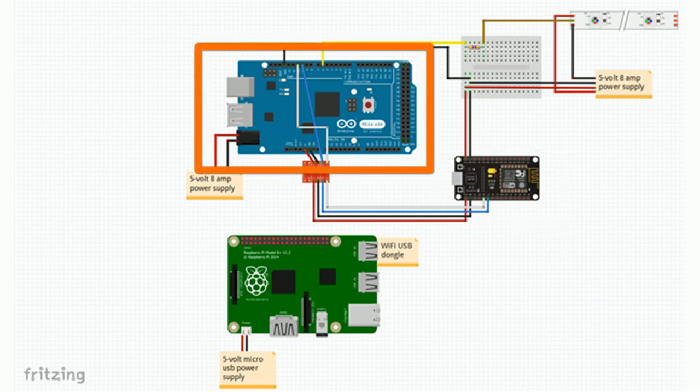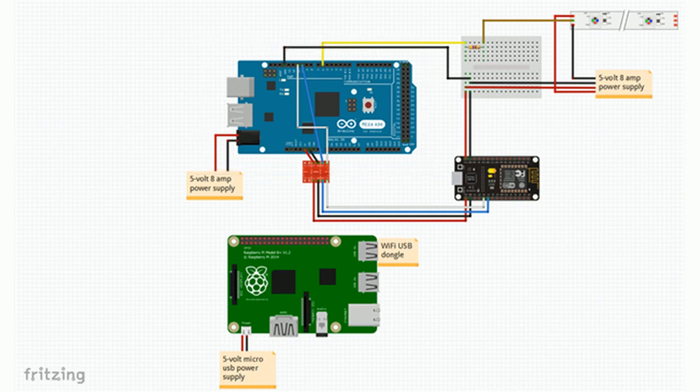The communication between the Node MCU Wi-Fi chip and the Arduino Mega happens via software serial. That message then is translated on the Arduino Mega into a light show, which is then displayed on the LED strip.